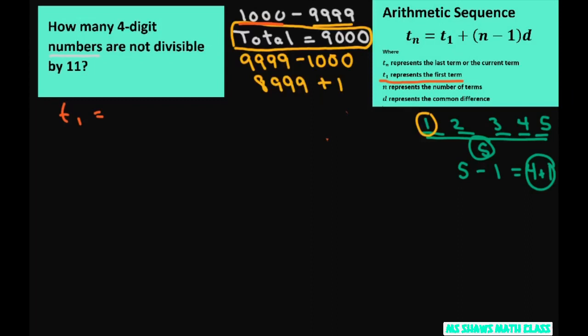So 1,001. Now our common difference is just 11. So for our last term, what you're going to do is take the 9,999 and divide that by 11.